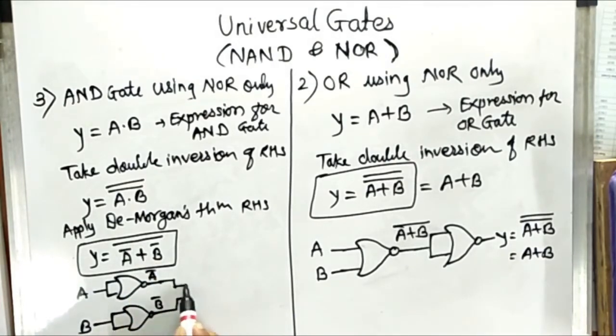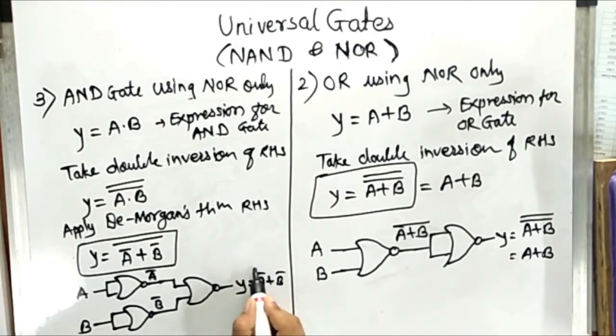So connect one NOR gate at the output. Here we get A complement plus B complement whole complement. So in this way we can construct an AND gate using NOR only.